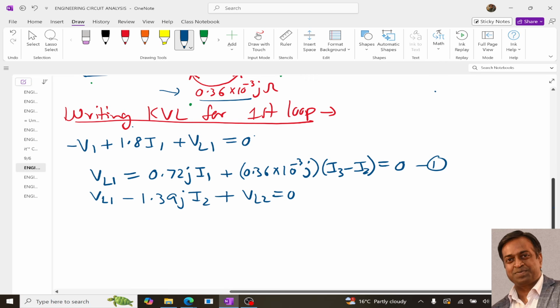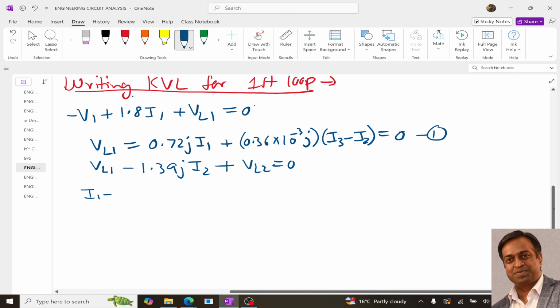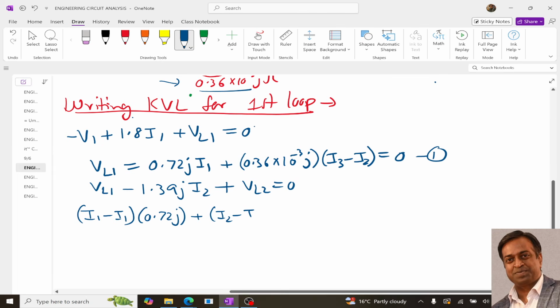We will get now VL1, it is this. So I2 minus I1 into 0.72 J. Then the next term is this, I2 minus I3 into 0.00036 J, right?